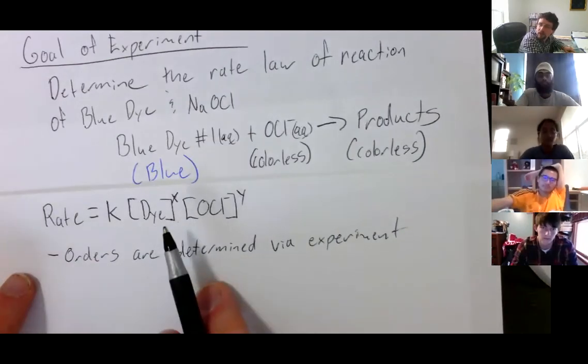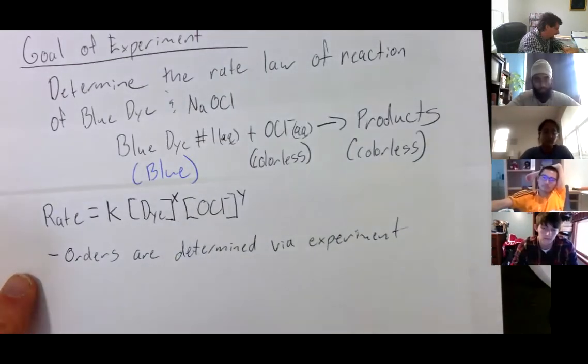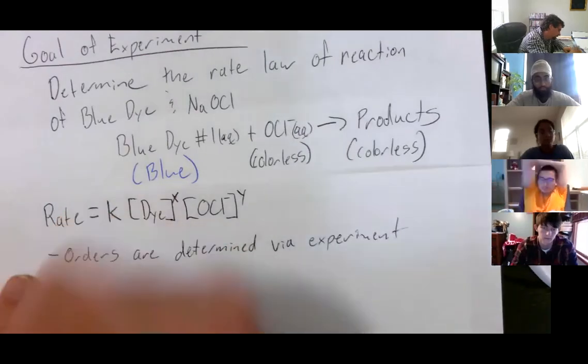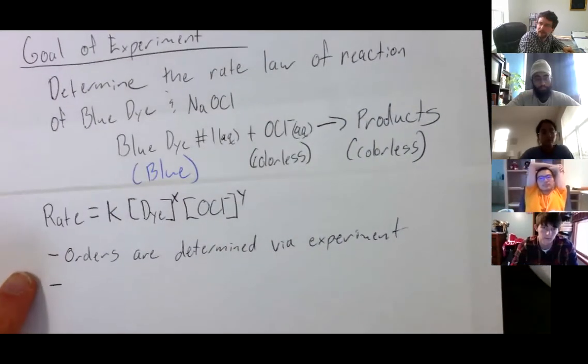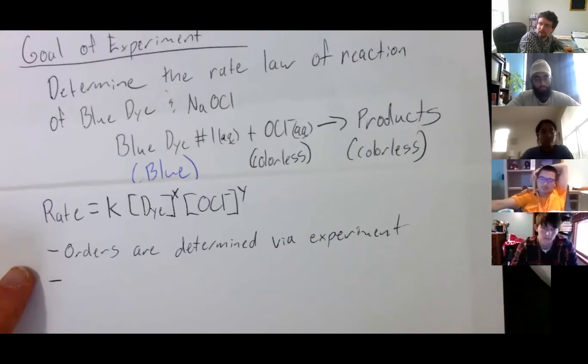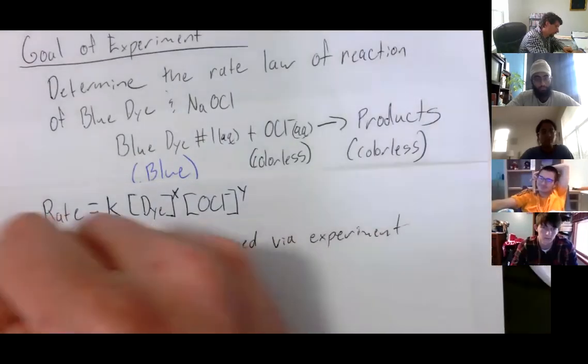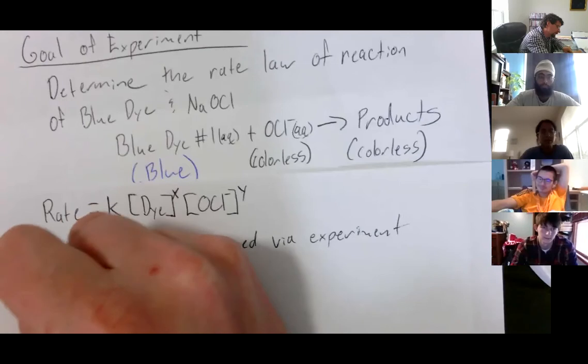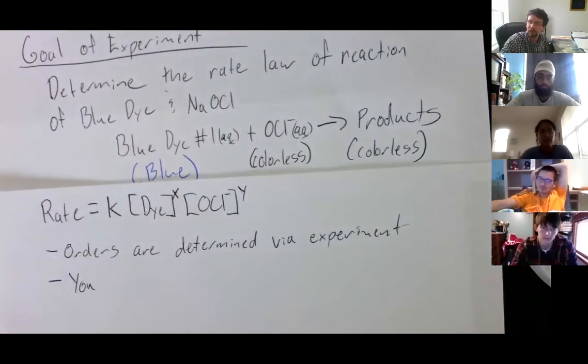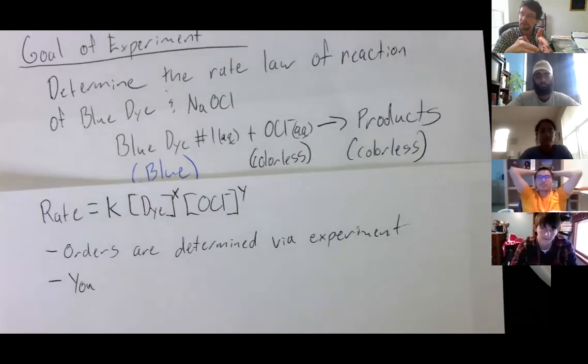The other time you can do this is, did you guys talk about elementary reactions at all? One-step reactions. Yep, one-step reactions, and they're called elementary reactions. So if you break down the mechanism at which this is happening, these are the simplest steps.